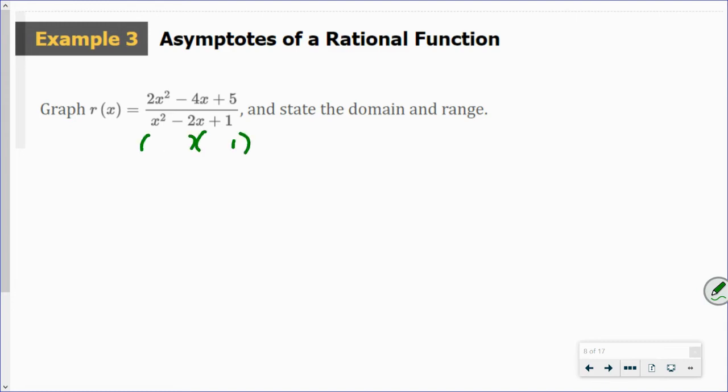That is 1 and 1. Signs the same, both negative, so x minus 1, x minus 1. So we have a vertical asymptote. This is on the bottom, so I know that x cannot be 1. So that creates a vertical asymptote at 1.